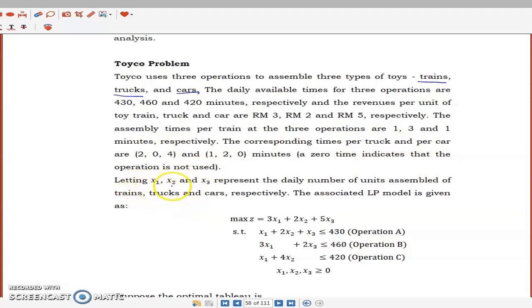Let X1, X2, and X3 represent the daily number of units assembled of trains, trucks, and cars respectively. The associated LP model is given as shown here.